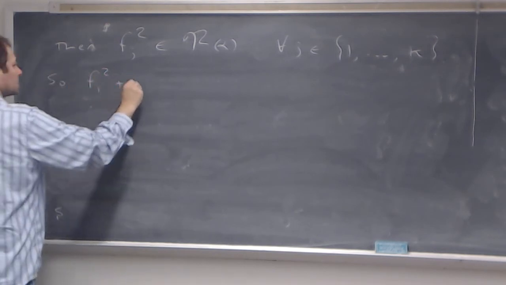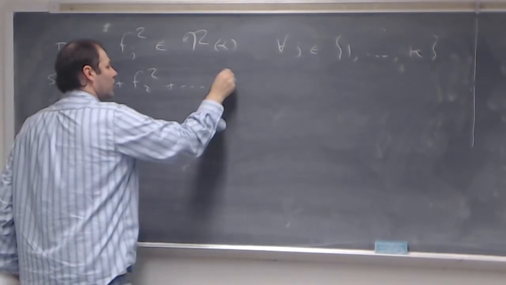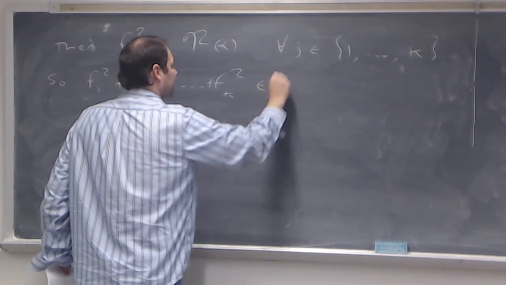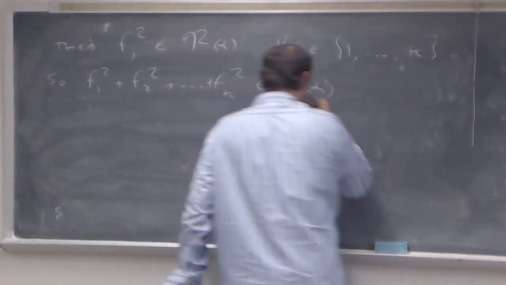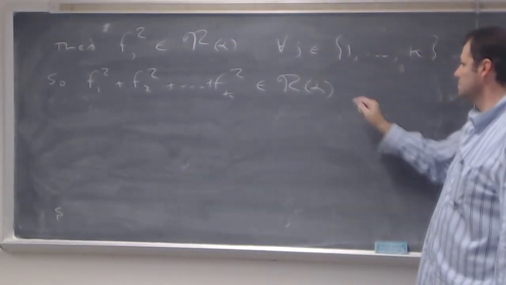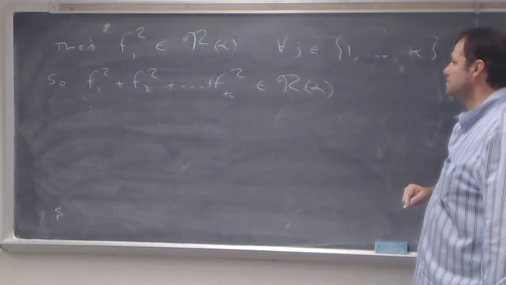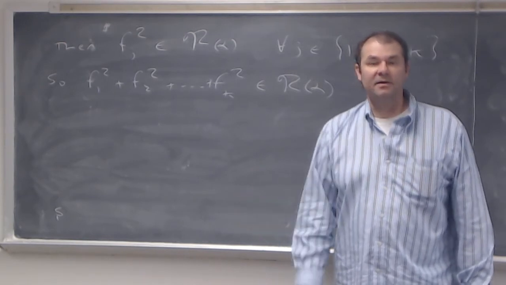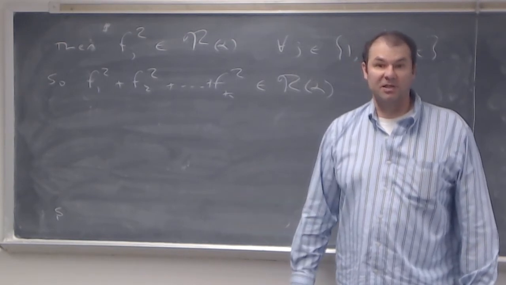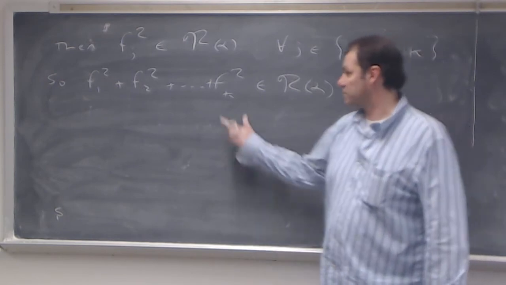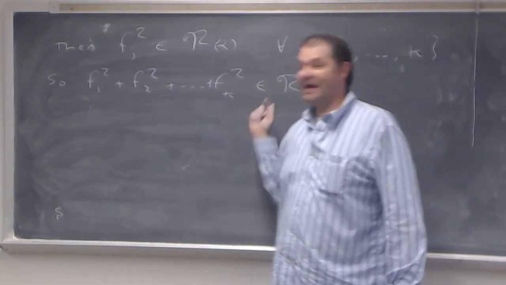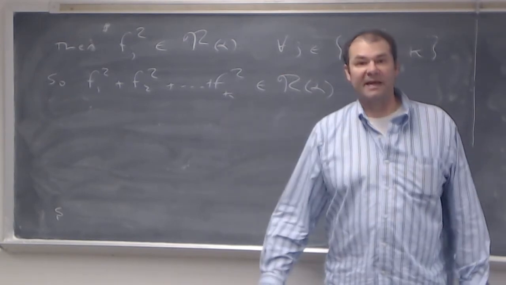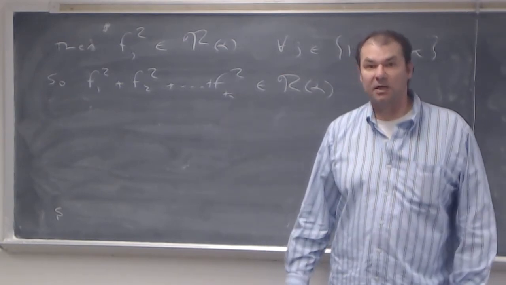So F sub 1 squared plus f sub 2 squared plus all the way up to f sub k squared is a Riemann-Stieltjes integrable function with respect to alpha. That extends a theorem we already had, that if you add two Riemann-Stieltjes integrable functions, you get a Riemann-Stieltjes integrable function. Here we were adding up k of them, and extending it to any number of functions can be proven using induction.